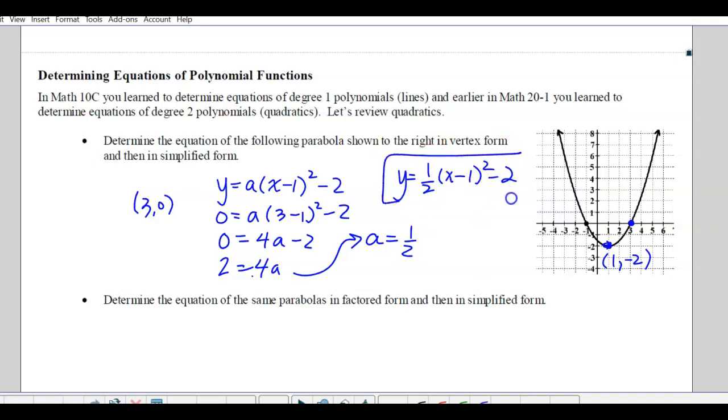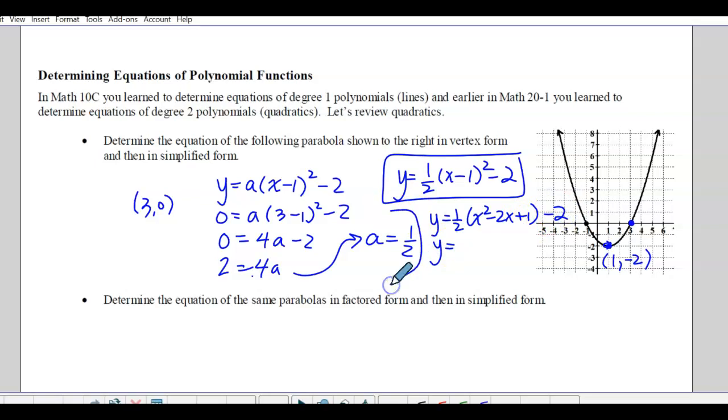So that's in vertex form. In simplified form, I'll simplify it out. So that will be 1/2 x squared minus x plus 1/2 minus 2, and that would be minus 3 over 2. Okay.